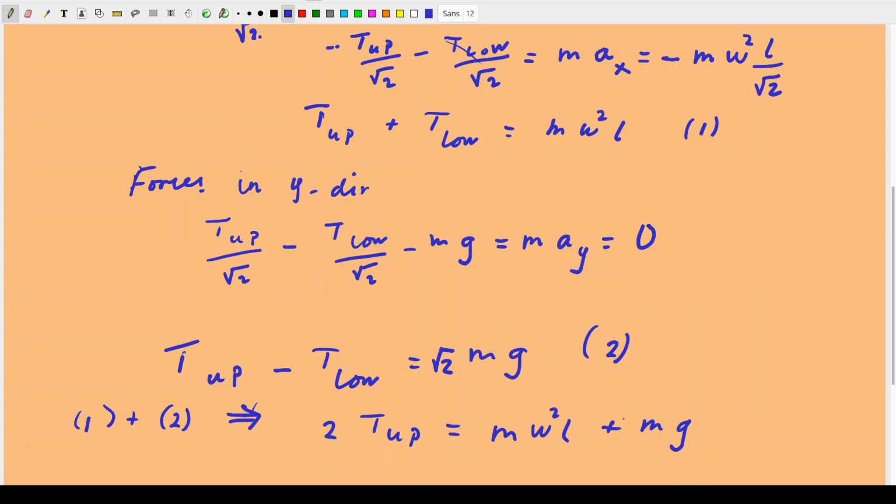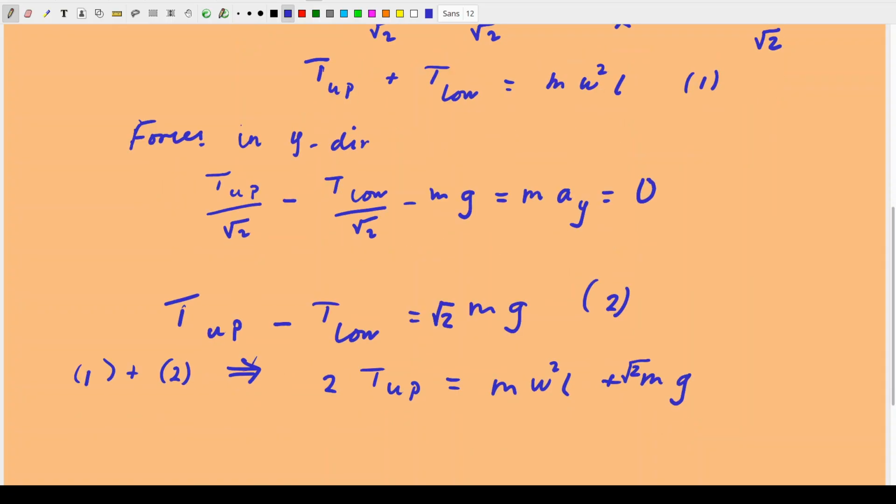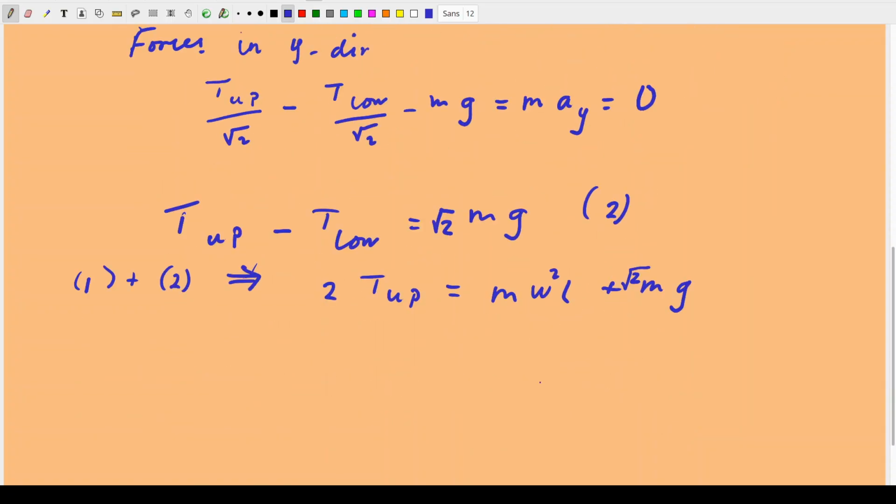And when we add the equations, it will be square root 2 here also. And this last expression can be simplified. T up equal 1/2 m omega square L plus square root 2 divided by 2, which is 1 over square root 2, mg.